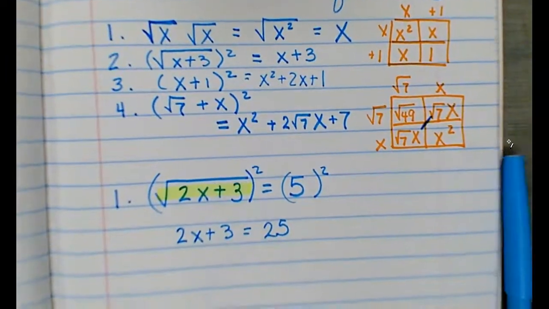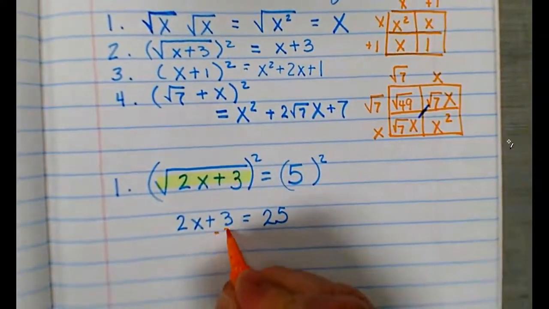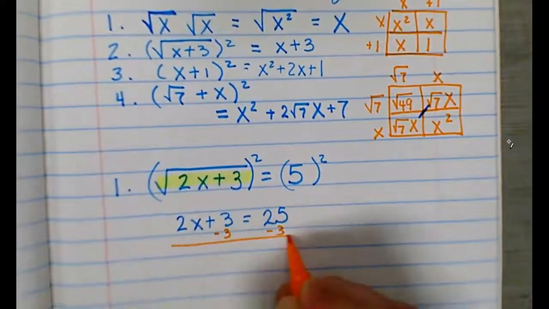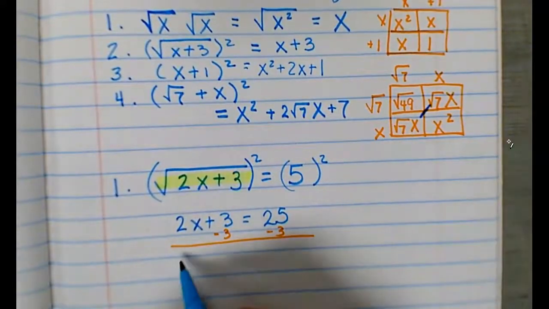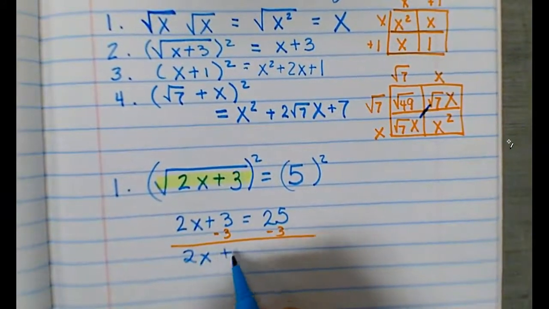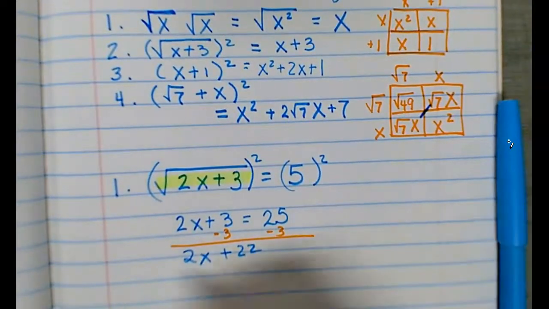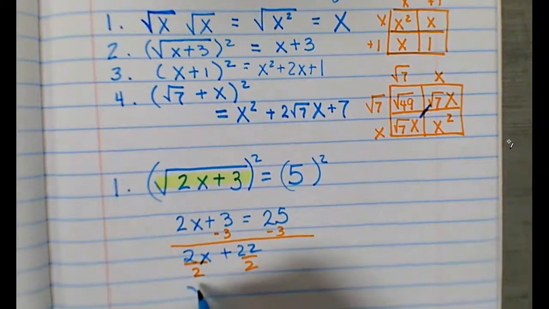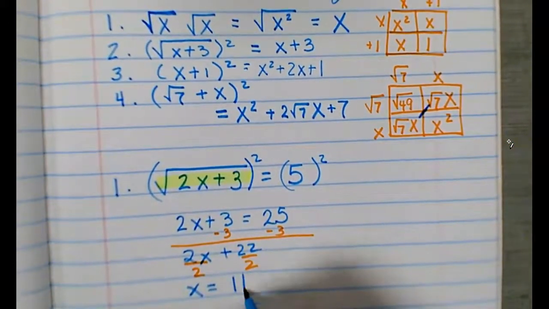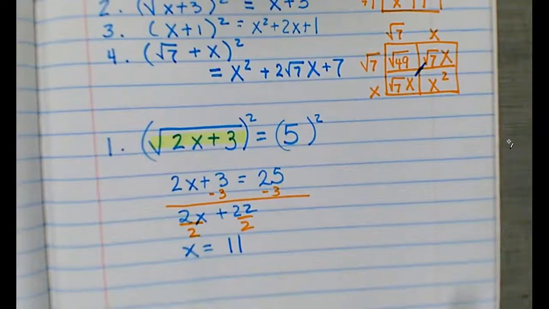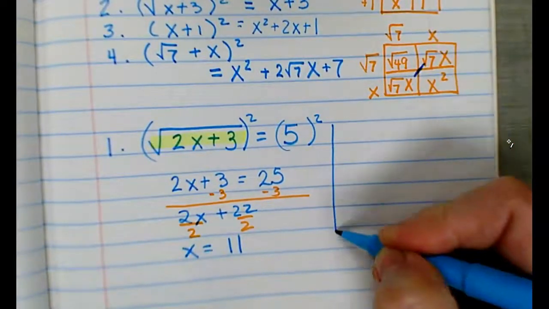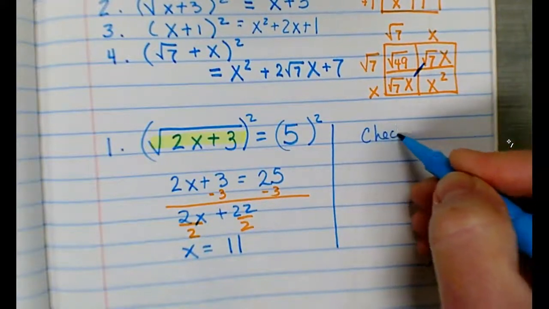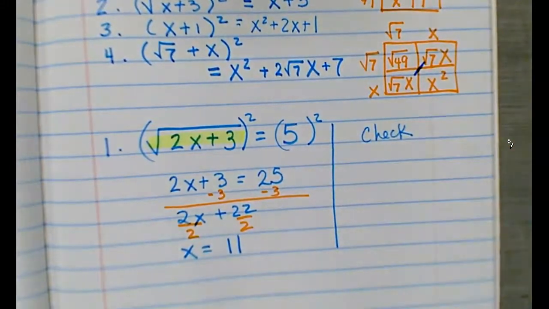And then we solve it by subtracting 3 from both sides, and divide both sides by 2. And what is x equal to? Maybe. We must check, because there could be what's called extraneous solutions.